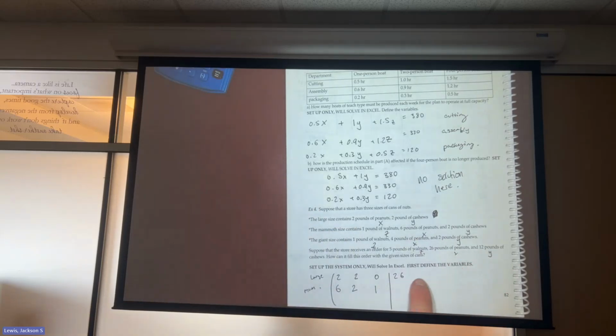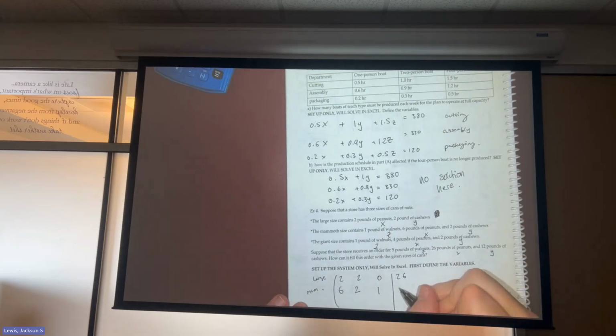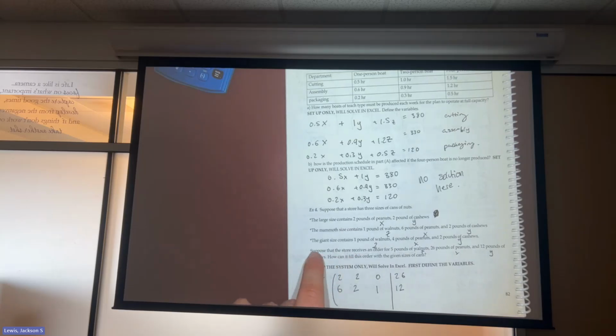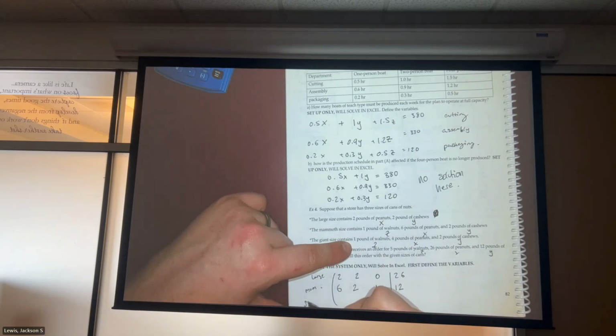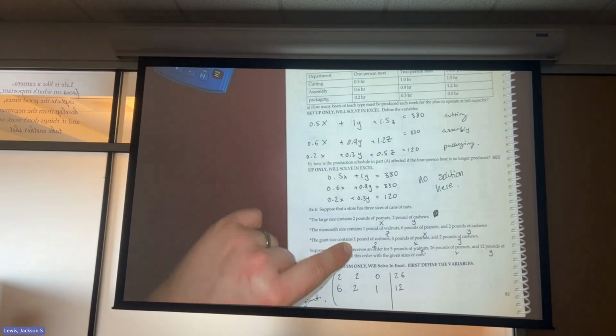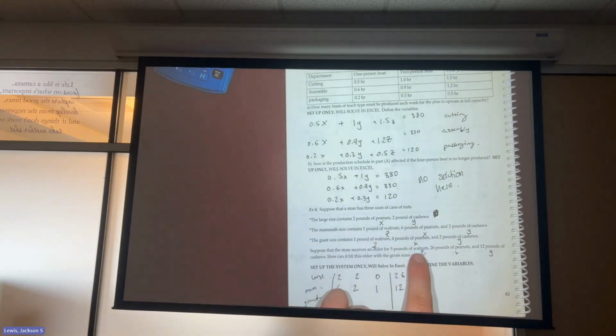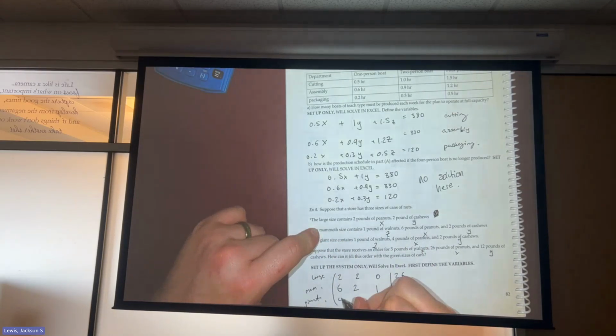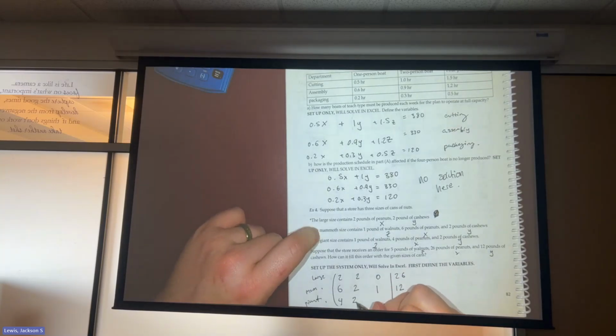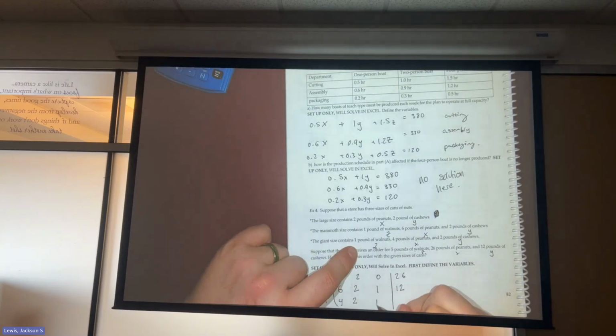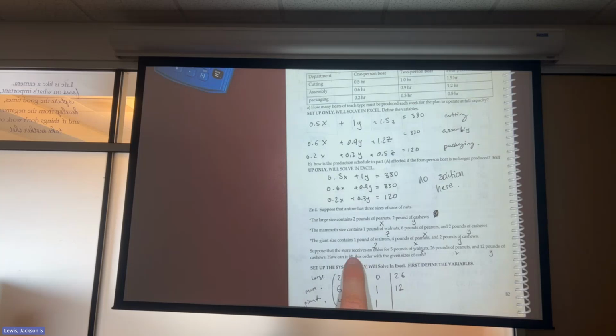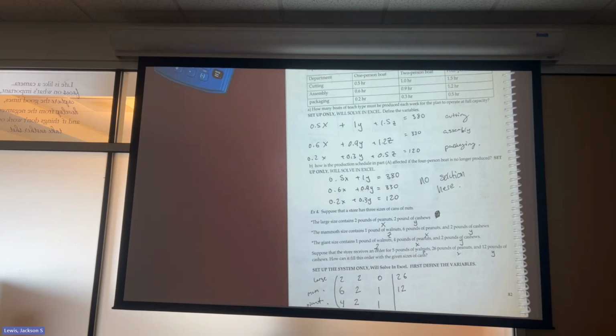And I'm wanting 12 pounds for Y. And then I have the giant size. The giant size has 4 pounds of peanuts, 2 pounds of cashews, and 1 pound of walnuts. And my amount of Z is 5 pounds.